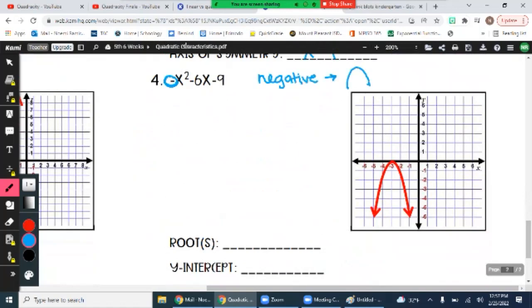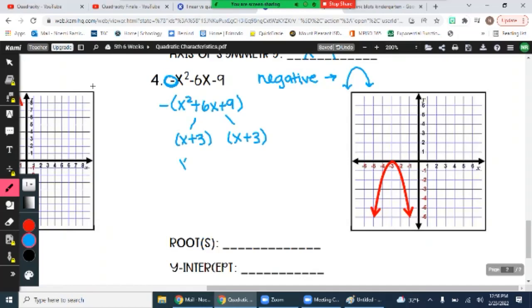Negative flips my parabola upside down. Now I'm going to factor this part out for you: negative times x squared plus 6x plus 9. When you factor it out, it gives you x plus 3, x plus 3, which is the same exact binomial.